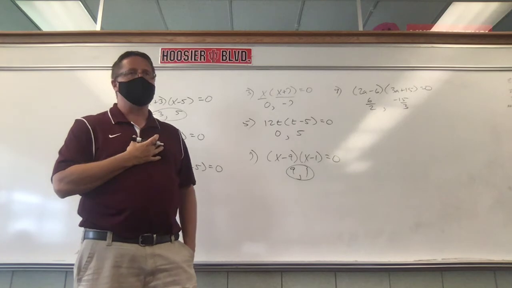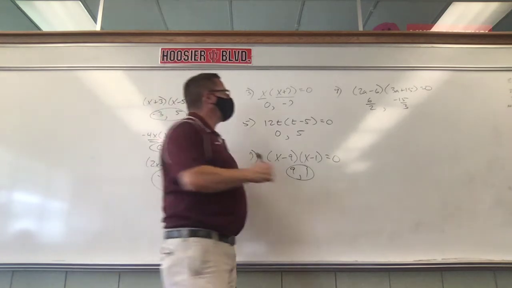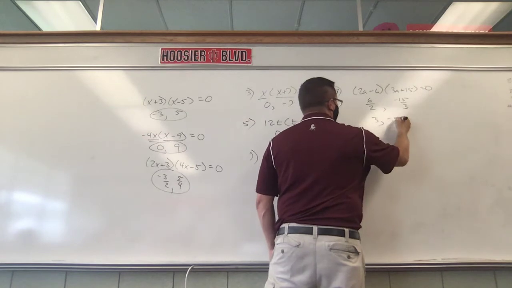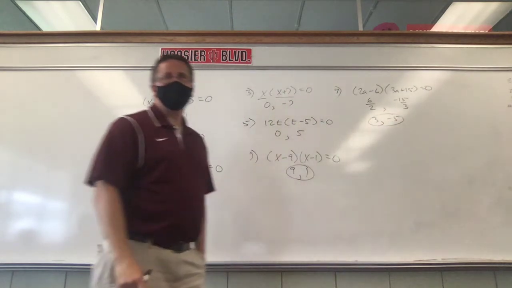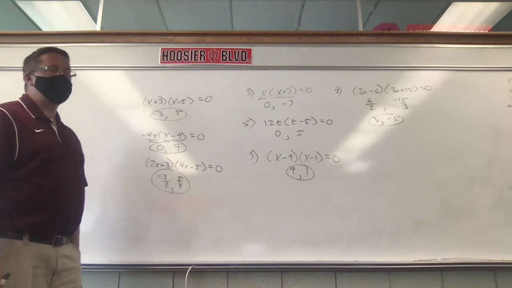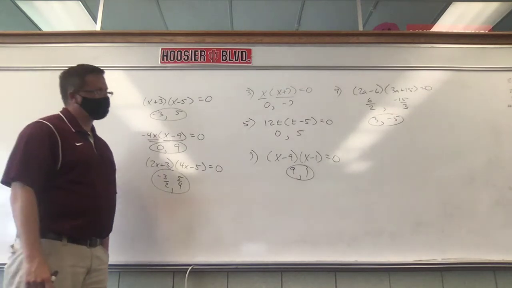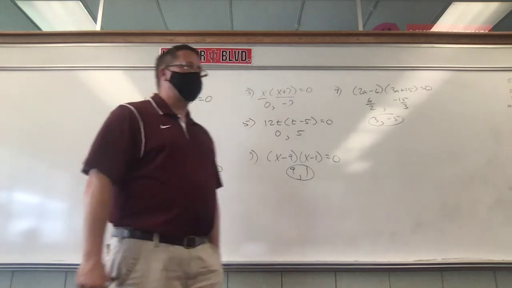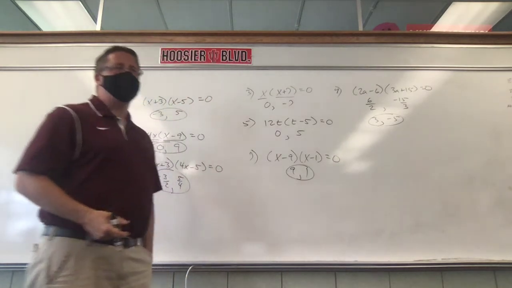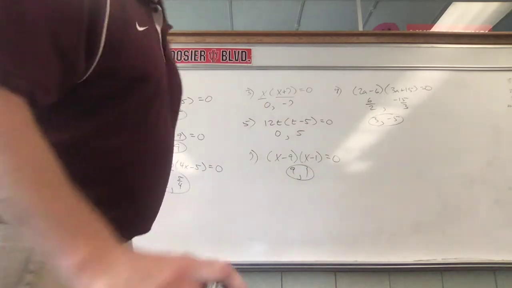What is 6 divided by 2? 3. And what's negative 15 divided by 3? Negative 5. You need to simplify it. On a written test, I would take a point off. If you can simplify it, you need to simplify it. That's what math is: here's something complicated, make it simpler.